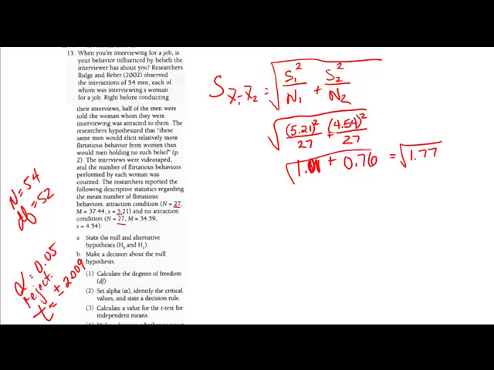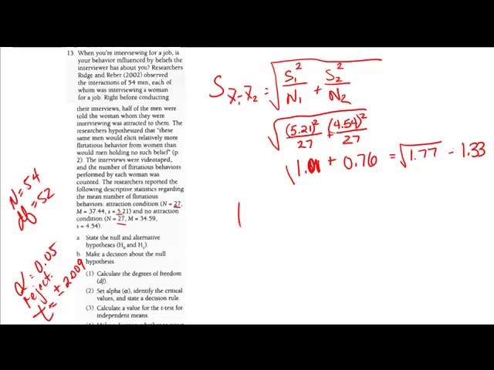But don't forget we have to take the square root of that. I got 1.3304. Let's see if the book likes our rounding. Yes, the book likes our rounding, 1.33.